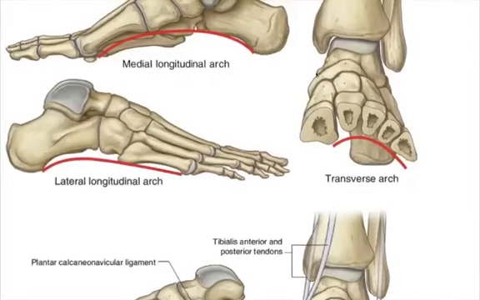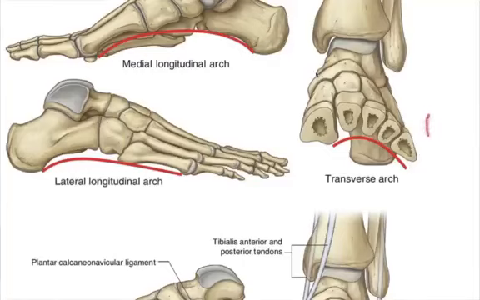About the transverse arch. In the transverse arch, the components are mainly, first of all, the bones. These are the bases of all the 5 metatarsals. Only the bones and one single muscle are the components of the transverse arch.